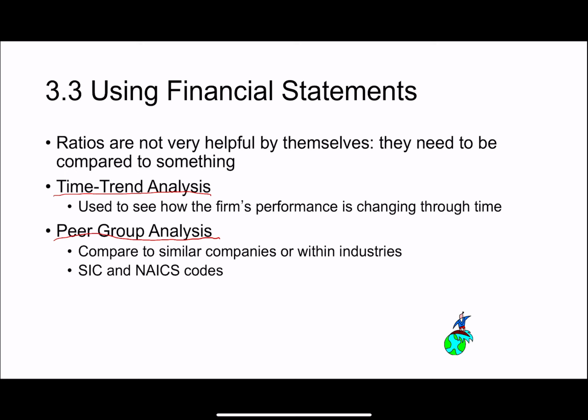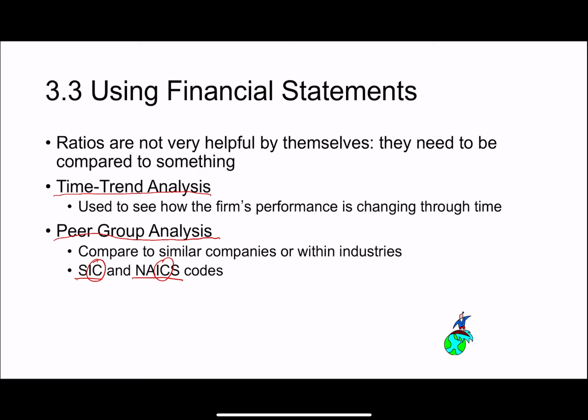What those databases do is they have SIC, Standard Industry Classification, or NAICS, which is a replacement for SIC. It doesn't really matter what the abbreviation says, but think of it as industry classification code.